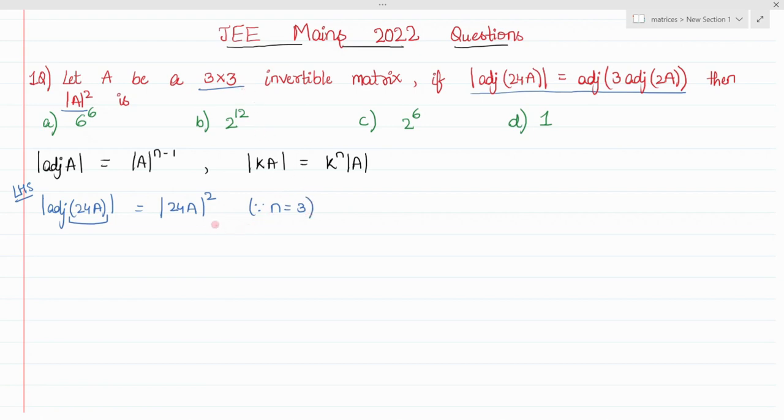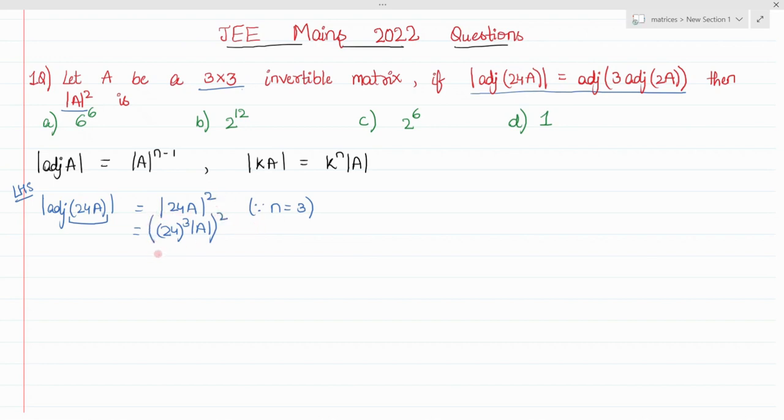It's already given in the question. Now we use the second property, where k is this 24, so we write 24 power 3, that is n, into determinant of A, this whole squared.